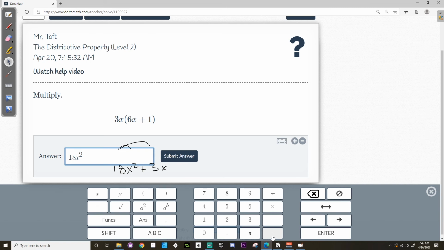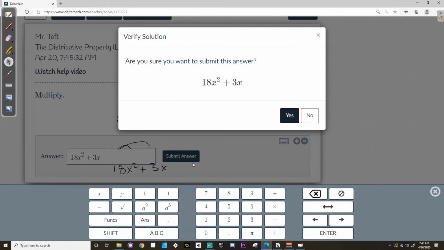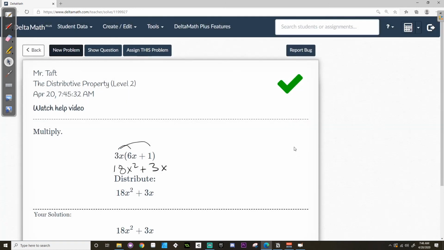And then plus 3x would be plus 3x. Now, if it were something different, like say x to the third, then you would hit this a to the b function, and it brings your cursor up here. And then you could enter, like, say, 3. But in this case, it's not, so I'm just going to delete that. All right, so if I submit my answer, there we go.